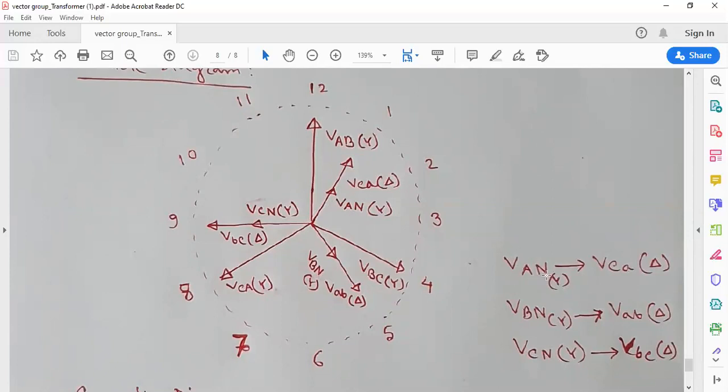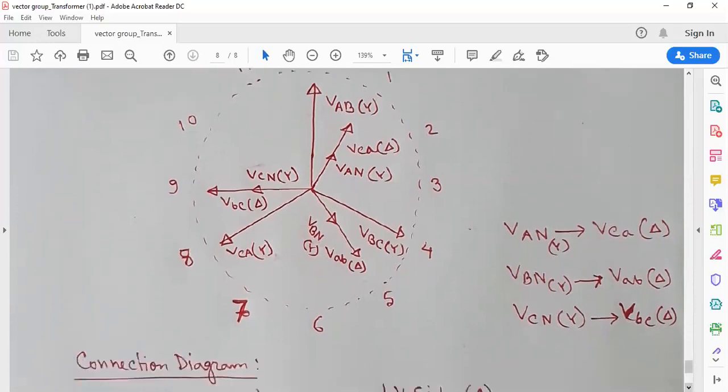So VAN and VCA are one another's supply and induction. Another two voltages from primary and secondary are related here, VBN and VAB. So VBN is related to VAB. VCN and VBC are related to each other.